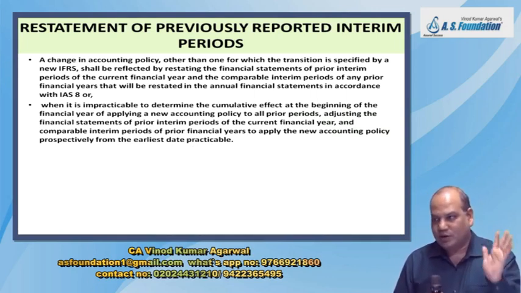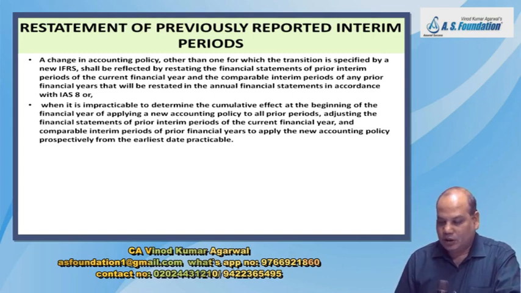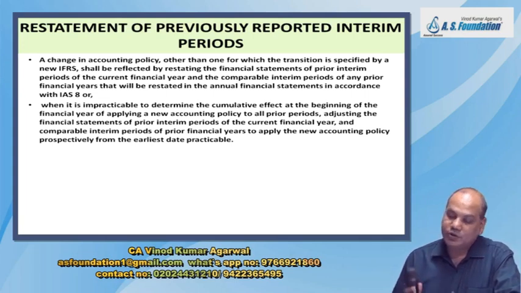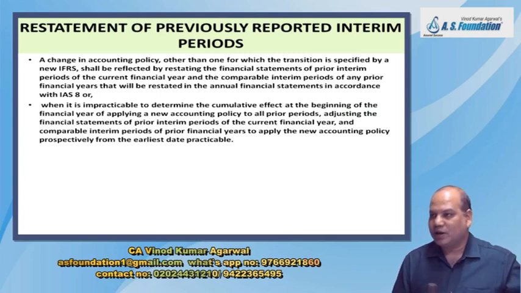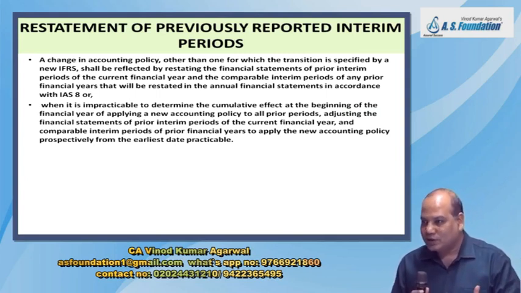This also is covered in IAS 8. They are asking you to give retrospective application. But if retrospective application is not possible from the first day when the accounting policy was introduced for that transaction, then you go as far back as you can from which retrospective application is possible. Okay.